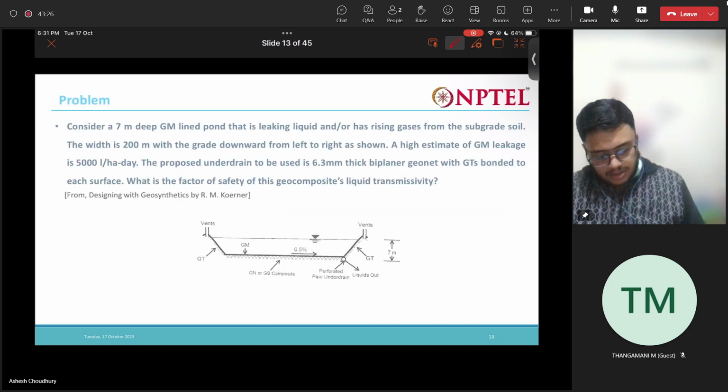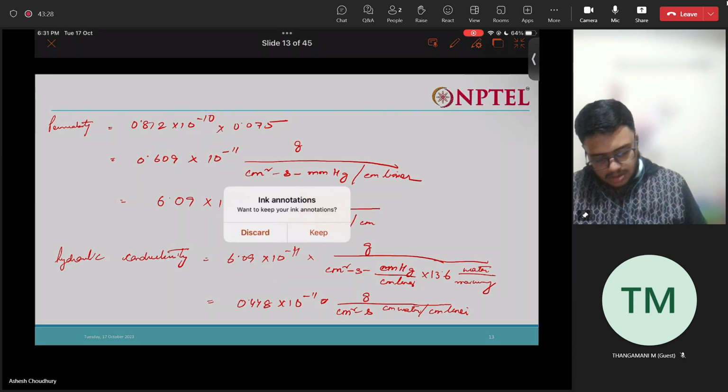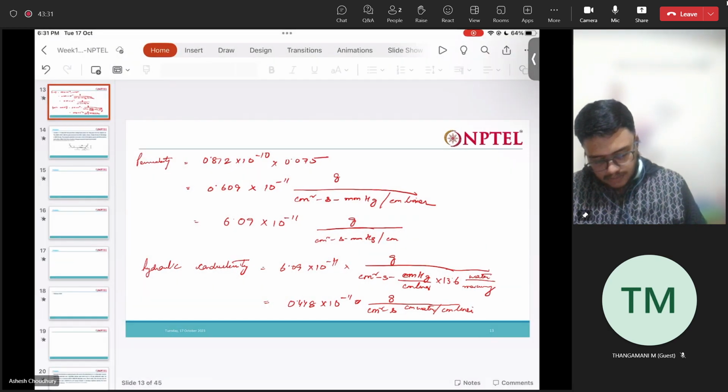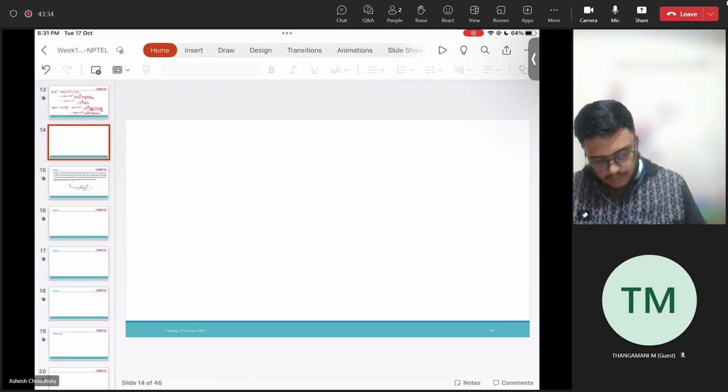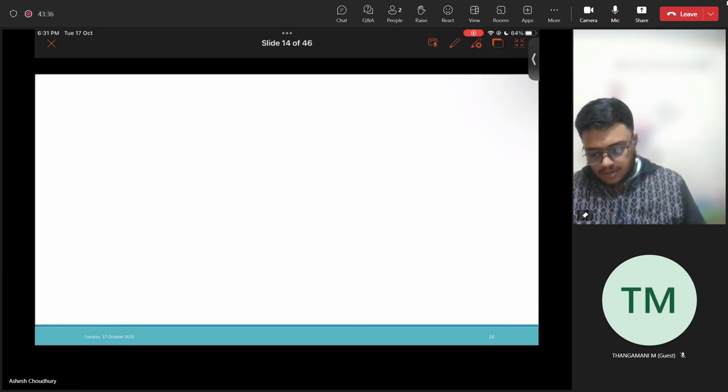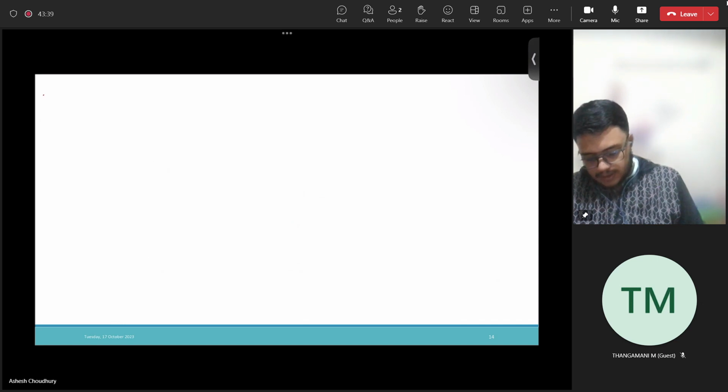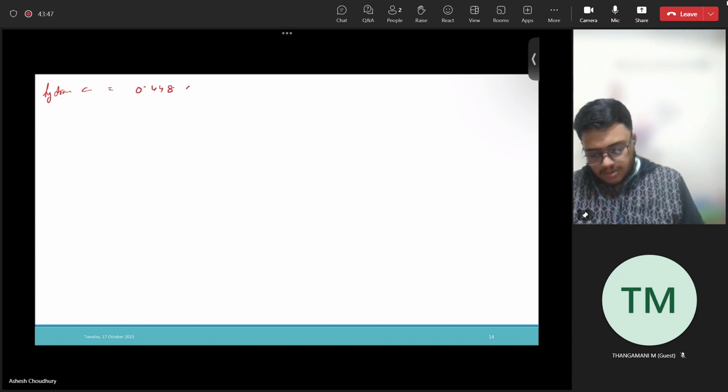Now we will use density. Sorry, we just add one page. So now using density of water, we have hydraulic conductivity equal to 0.448 into 10 to the power minus 11 gram per cm square second, cm water by cm liner, water by mercury, into 1.0 gram per centimeter cube.